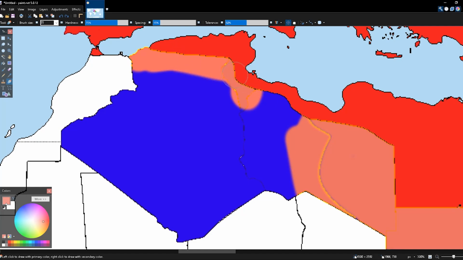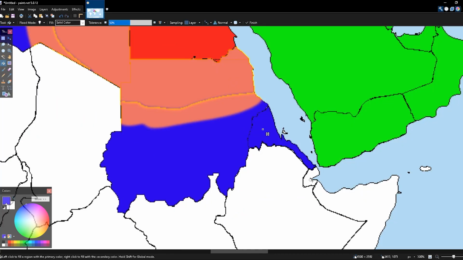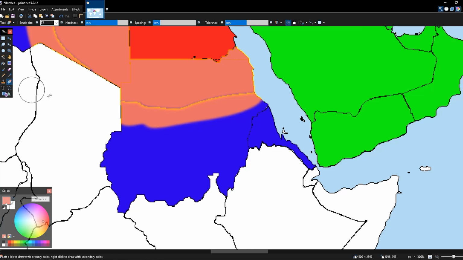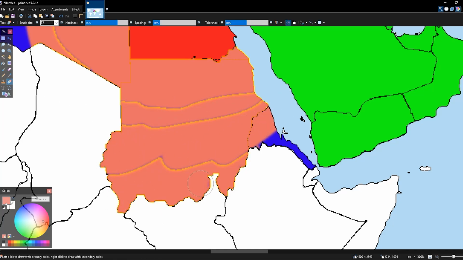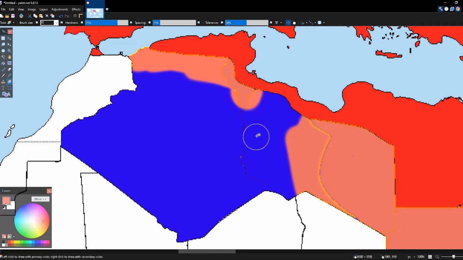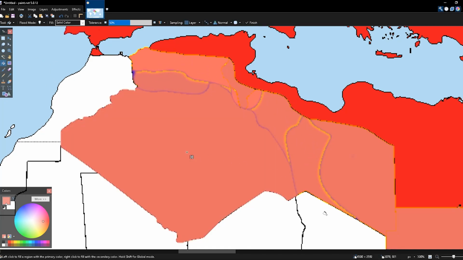Libya's capital is probably already captured. Surprisingly, Eritrea joins the war to help out Sudan, but it's probably a little bit too late for that. Sudan surrenders, and Libya also capitulates, and it's only Libya and Algeria left, which both surrender.